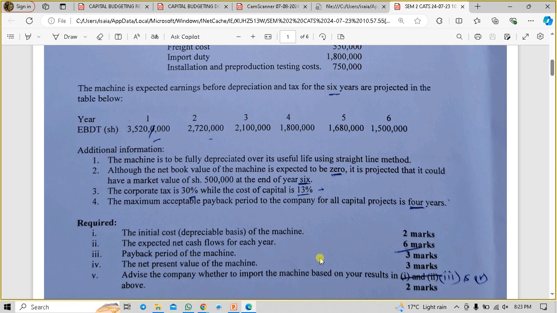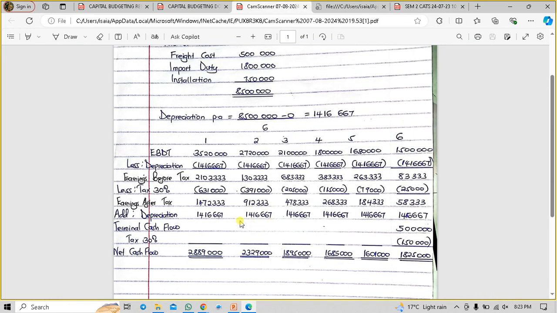Or market value. So here you just add that market value to the last year. So the market value was 500,000. You add. So here we've just written 500,000.